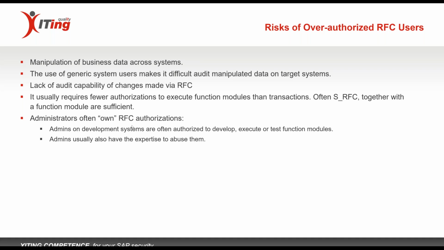They also have the know-how and expertise to develop, execute, and test these function modules. So they can use these with the destinations given to them in the development system to manipulate data in the productive systems, if the users behind the RFC interfaces have the according authorizations. So this is the problem here with these over-authorized RFC users.